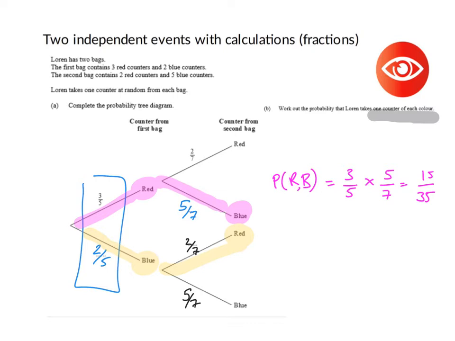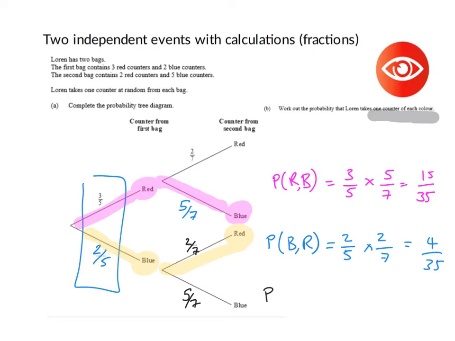Then I'm going to do the second calculation of getting a blue and then a red. So 2 over 5 times by 2 over 7, which is 4 over 35. So both my answers there are over 35, so I can just add those fractions together, which is why I didn't cancel them down.